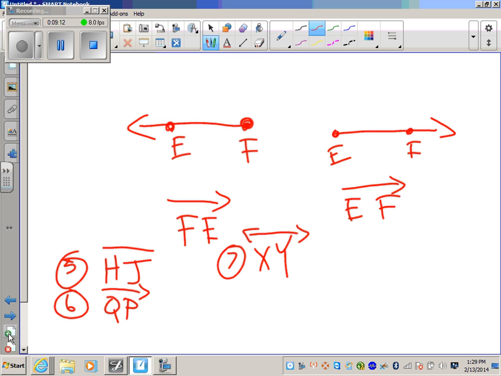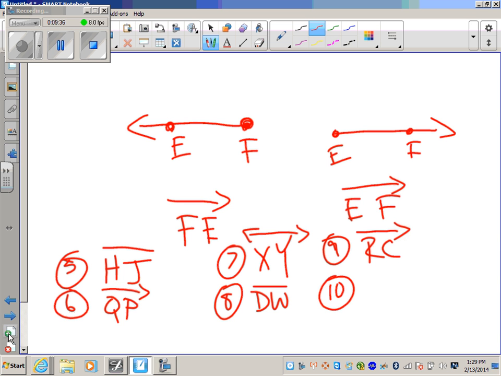Number 8. Cal. Mini segment, good. Number 9. Austin. RC with the arrow over the what? Over the C, right? Because that arrow extends from like where that C is on the actual ray itself.